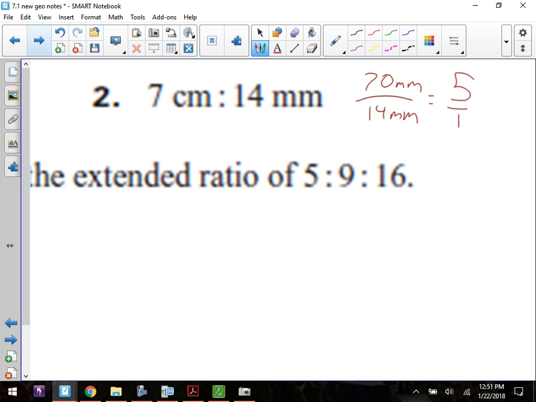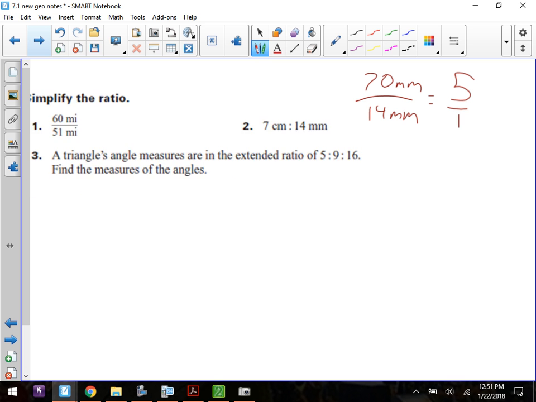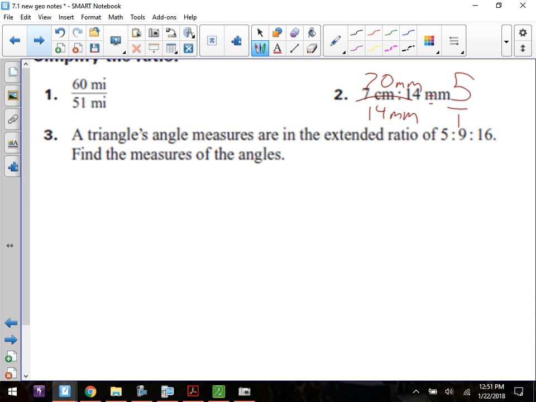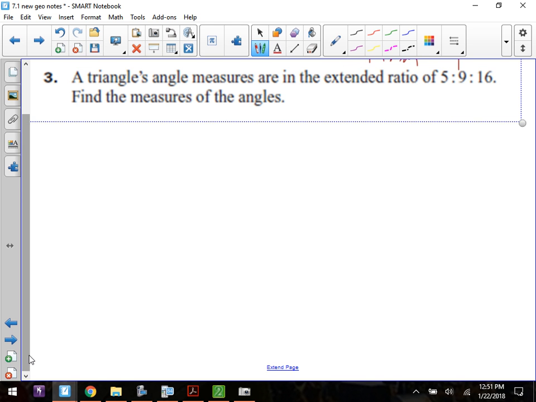Ooh, extended ratios. Another thing in here is something that's called an extended ratio. An extended ratio just means that instead of looking at 2 things, you're looking at more than 2.